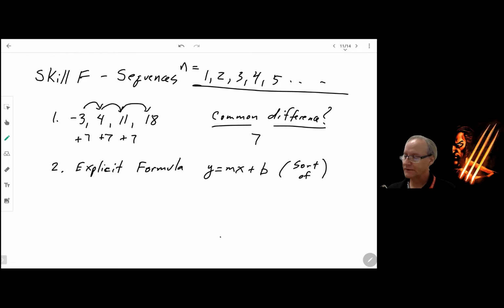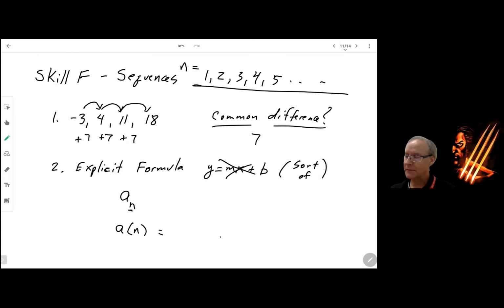So the explicit formula is sort of like y equals mx plus b. The difference is that we're using an n instead. So we're talking about 7n. So a of n, that's how we write it. Instead of writing it like a function, we write it with the little n down in the subscript. It's the same thing.